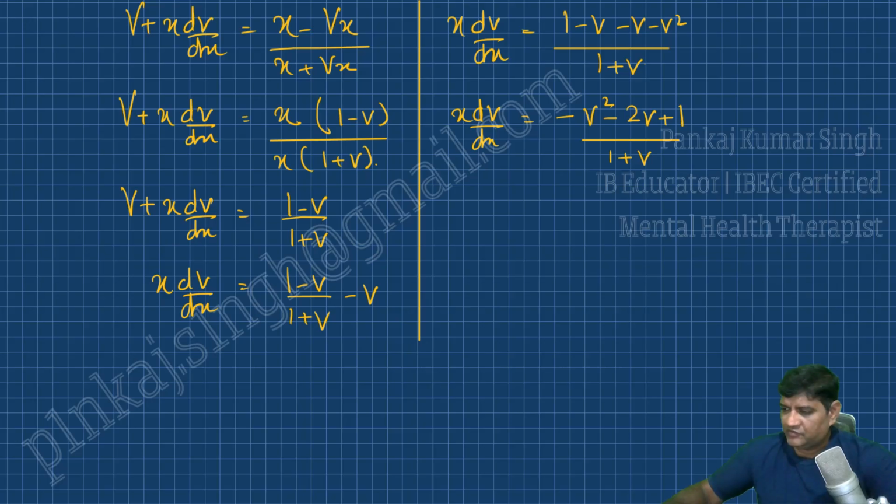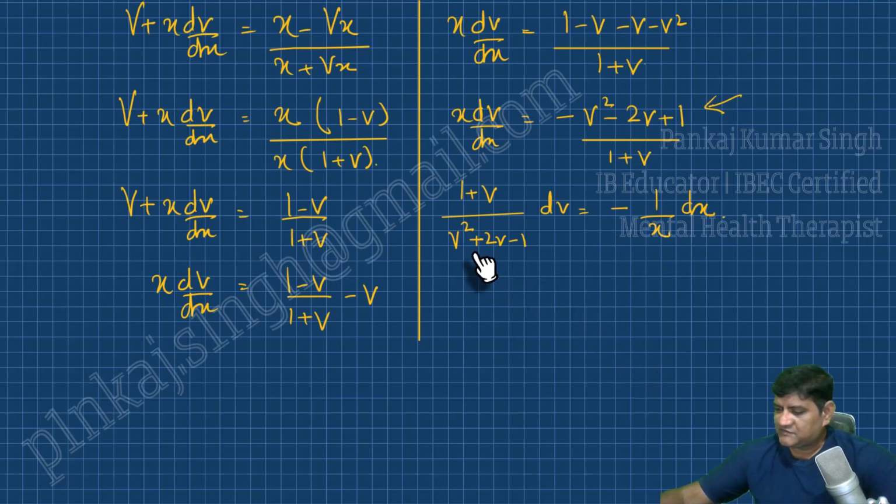Let me do variable separable here. I'm going to write this as 1 plus v divided by v square plus 2v minus 1 dv, and the negative that I took common out from this term, I'm going to retain over here on the RHS and write it as dx.